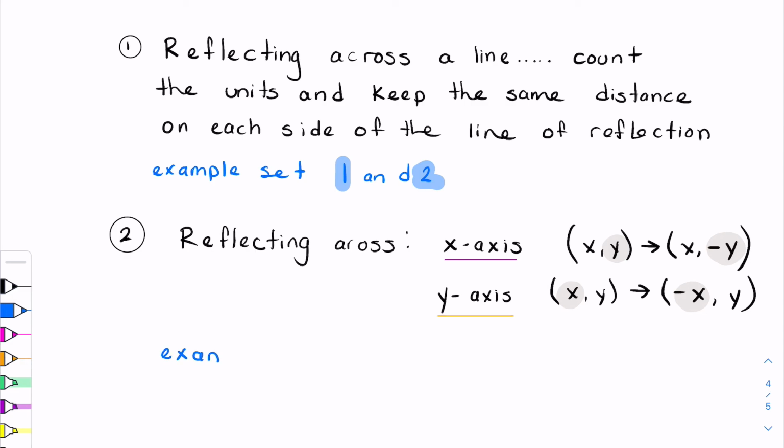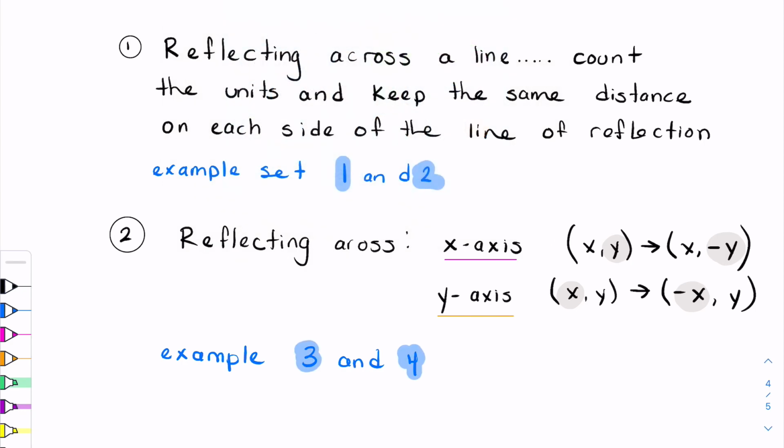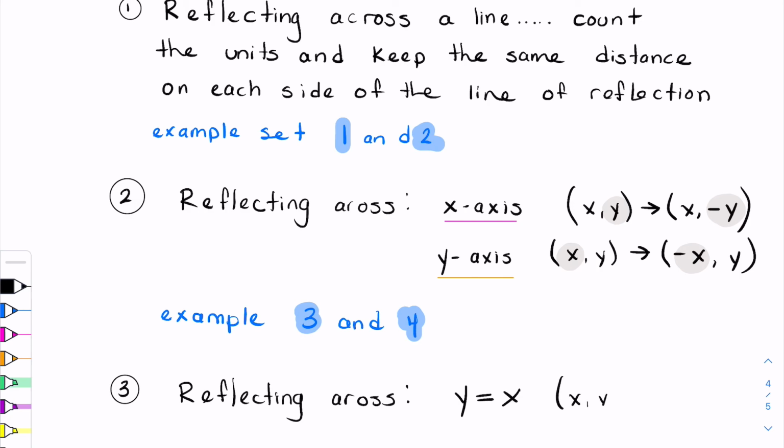This was example set 3 and 4. And lastly, reflecting across y equals x, which is the rule x comma y maps onto y comma x. You interchange your points.